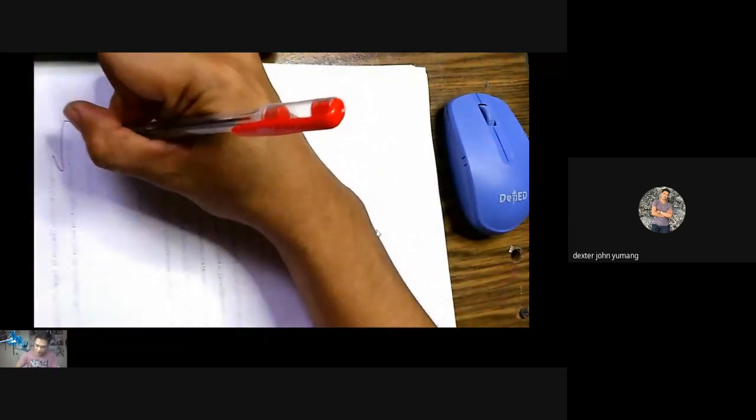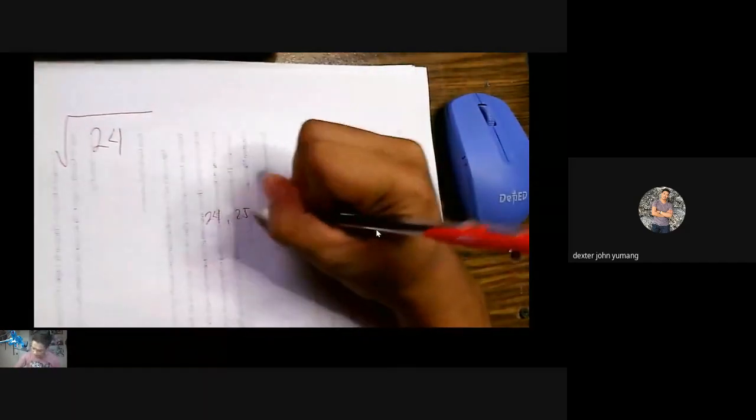Next, what about this one? Saan ngayon between si square root of 24? Saan siya between? So, i-list out natin yung mga numbers. So, ito yung 24.